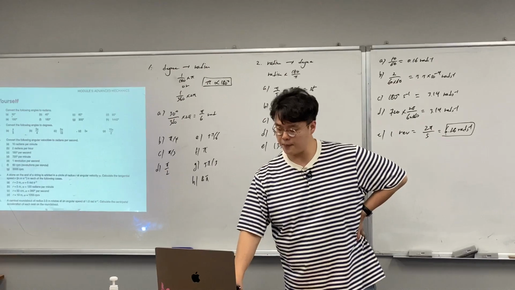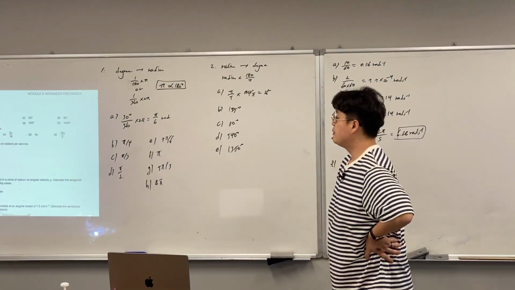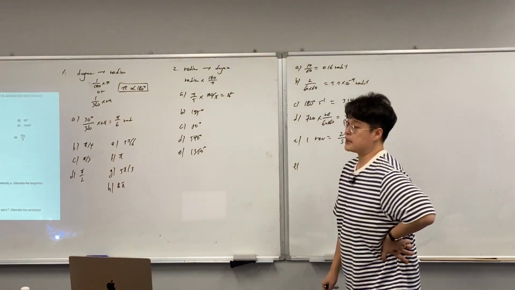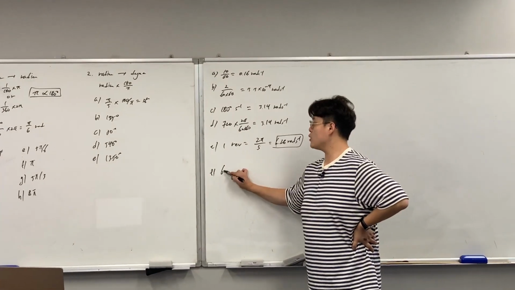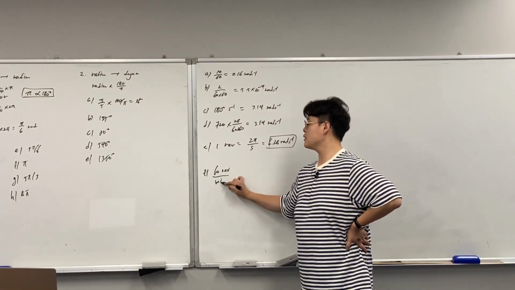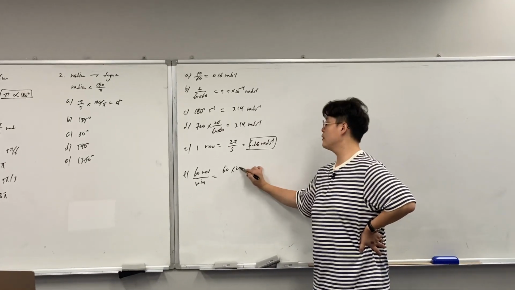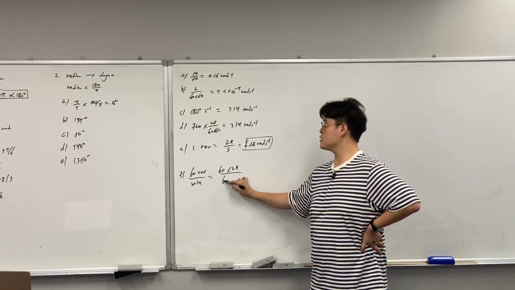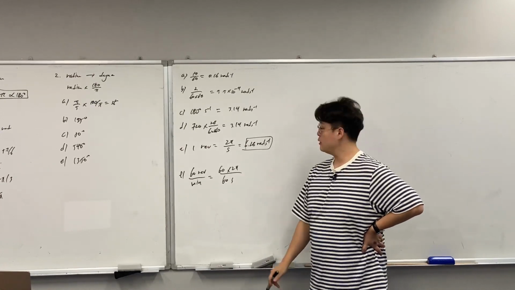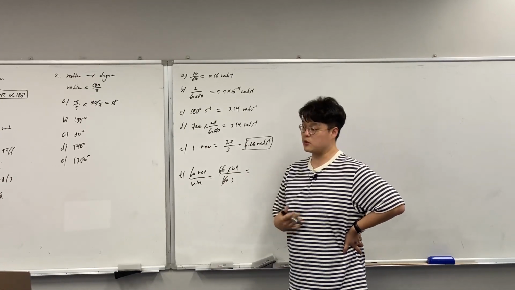What about 60 RPM? 60 RPM, revolutions per minute. That means 60 revolutions per minute, isn't it? So it means 60 revolutions times 2 pi, converting minutes to seconds, 60 seconds there. You see the 60s cancel, it's the same as 2 pi.